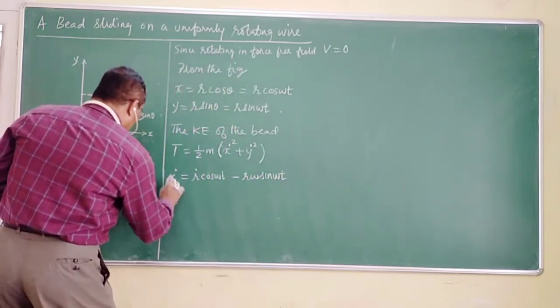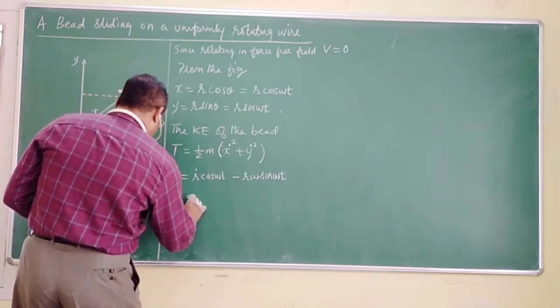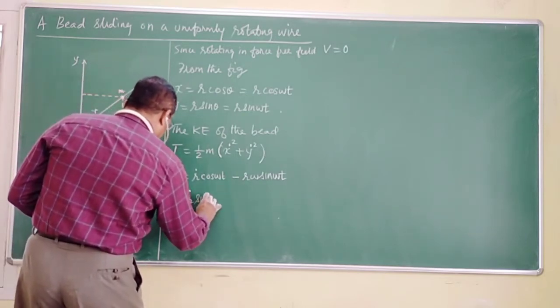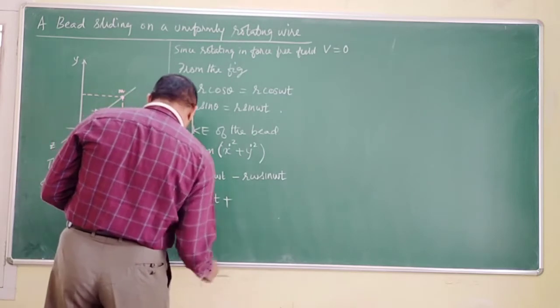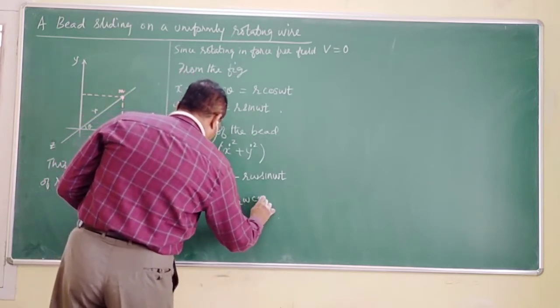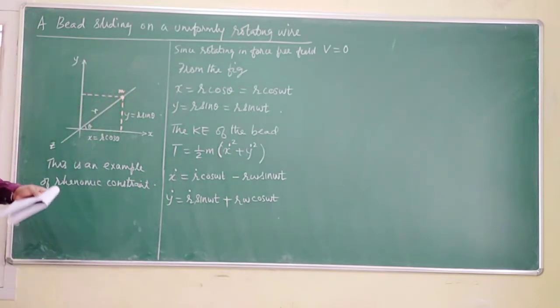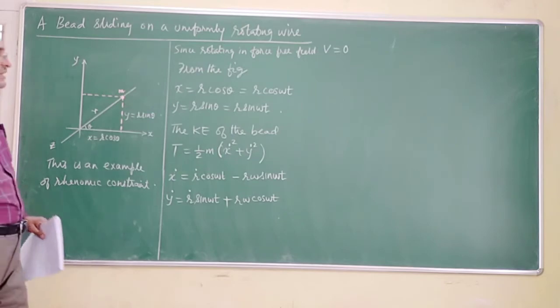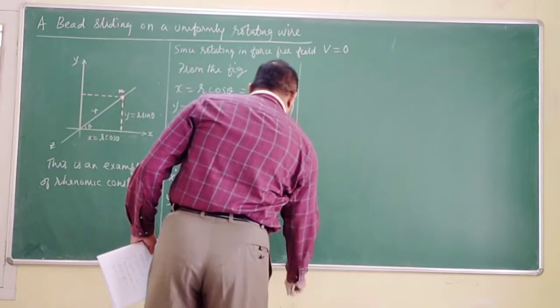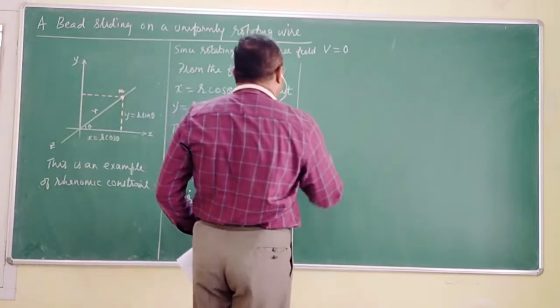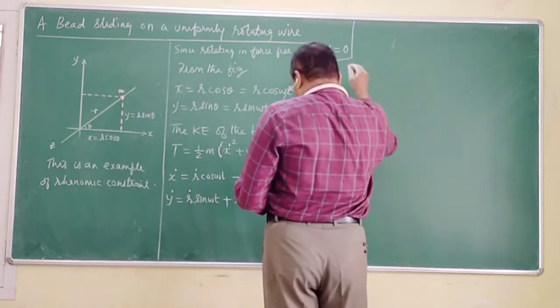Similarly, y dot will be r dot sin omega t plus r omega cos omega t. We have got expressions for x dot and y dot. We need to now substitute these in the expression for kinetic energy. Is that okay to you, sir?